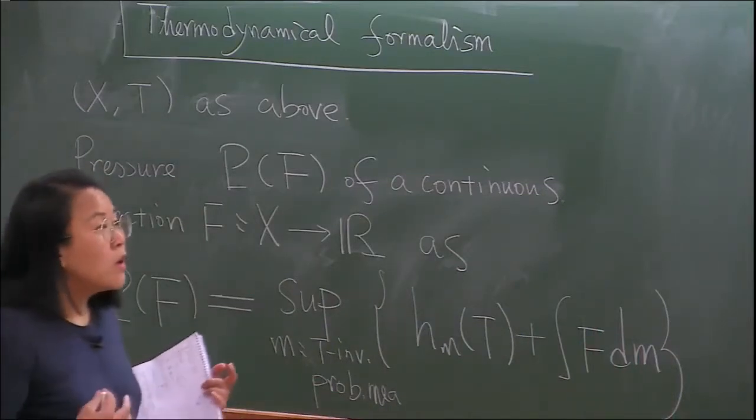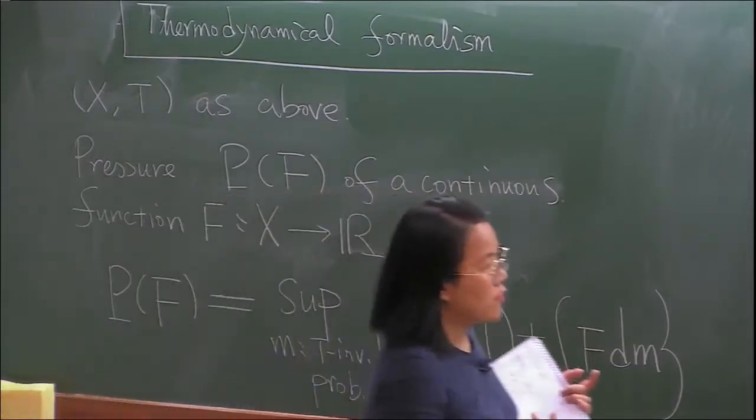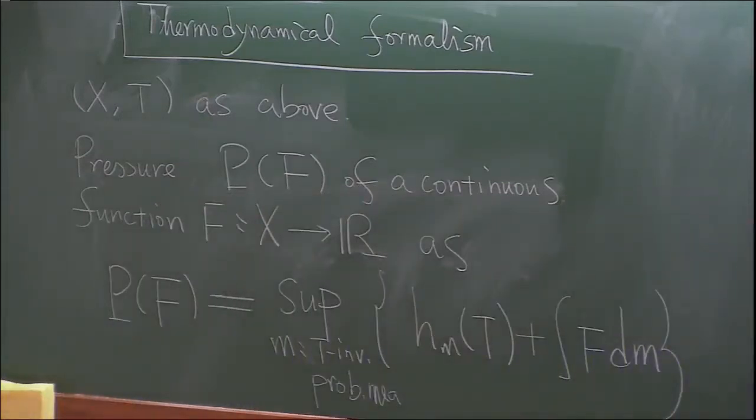Intuitively, it's a kind of measurement of the complexity of the system using a reference function F, using an observation function. So this entropy is also a kind of complexity of the system.